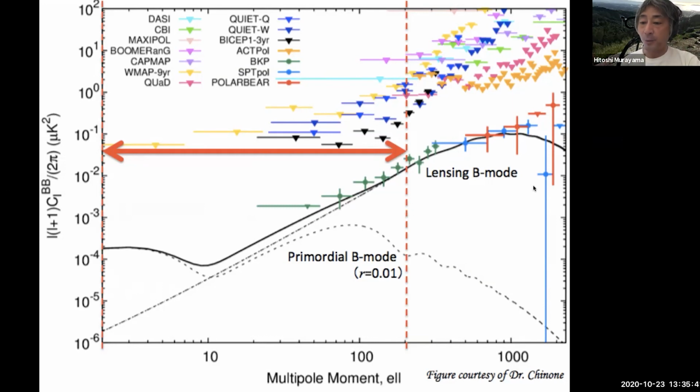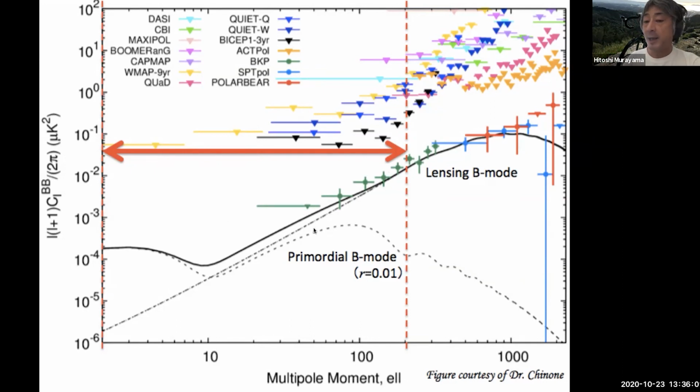The ground-based experiments can go from L of around 50 to a few thousand. A space-based experiment like LiteBIRD can go from very low L to something like 200. But it's great that they overlap in the middle, so they can do a cross-calibration between two totally different measurements.